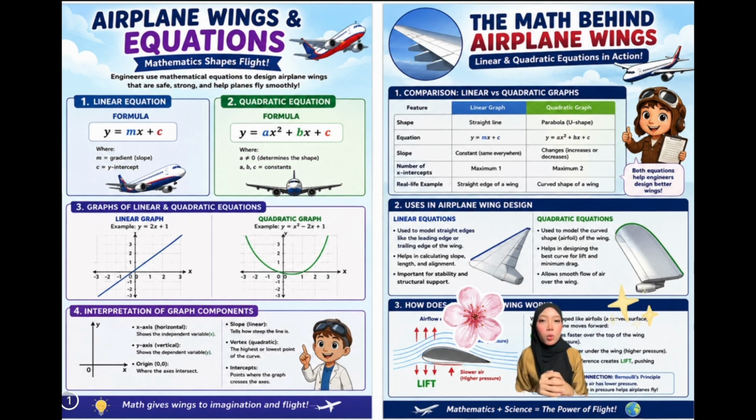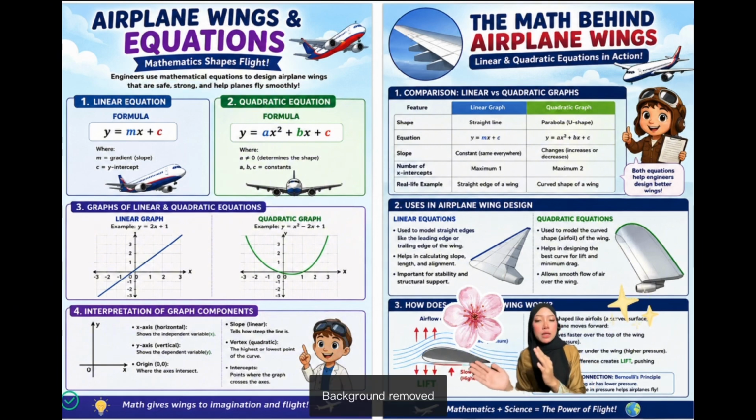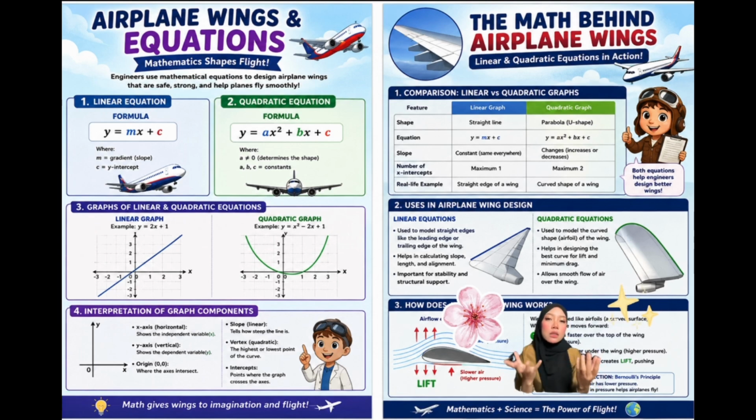Okay, and then we go to part 2, the quadratic equation. Now, let's move to quadratic equations. The quadratic equation formula is y equals ax squared plus bx plus c, as you have already learned in mathematics, where a controls the shape of the curve, b represents the shift of the graph, either to the left or to the right, and c is the y-intercept.